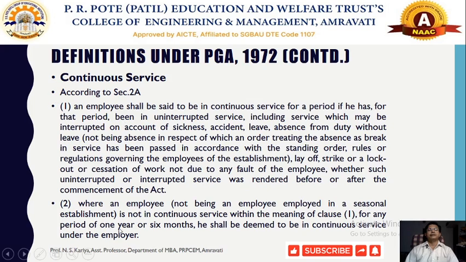For any period of 1 year or 6 months, he shall be deemed to be in continuous service under the employer. So in case of seasonal industries or establishments, the employee must be in continuous service not less than 1 year. That is the minimum criteria for continuous service in case of the Payment of Gratuity Act 1972.